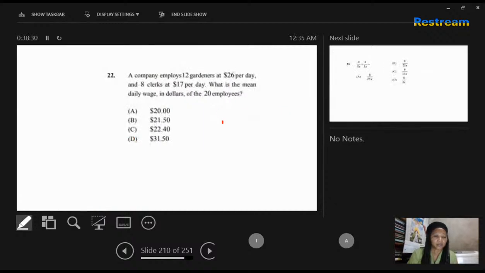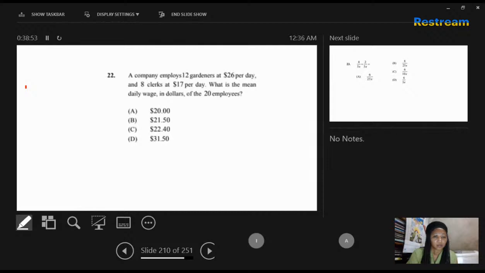Alright, Imani. Number 22. One company employs 12 gardeners at $26 per day and 8 clerks at $17 per day. Find the mean daily wage in dollars of the 20 employees.